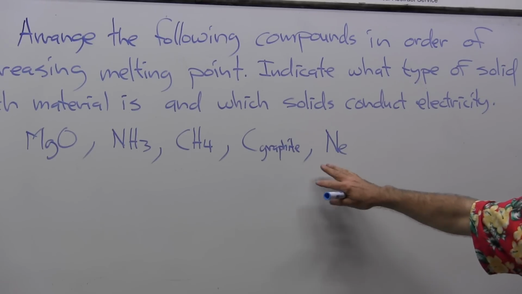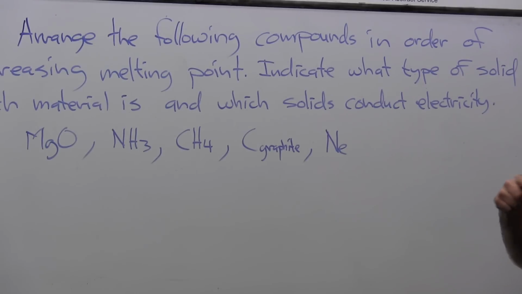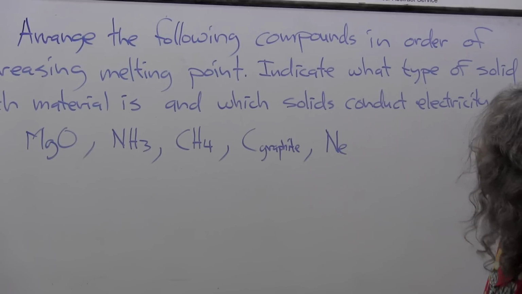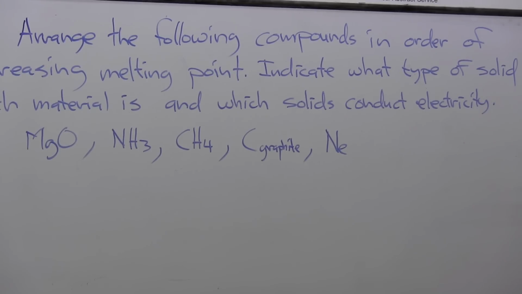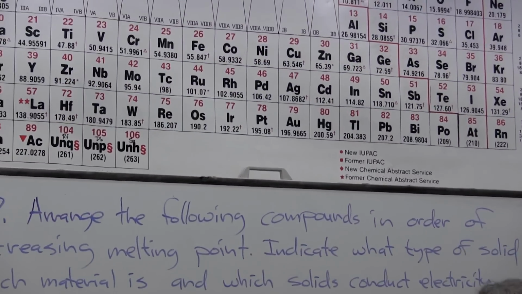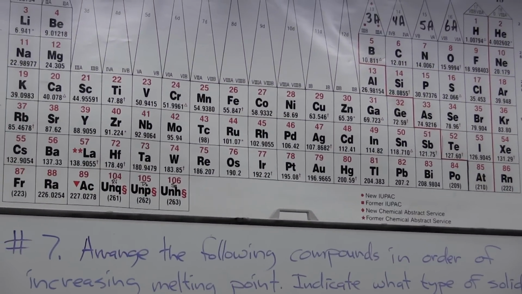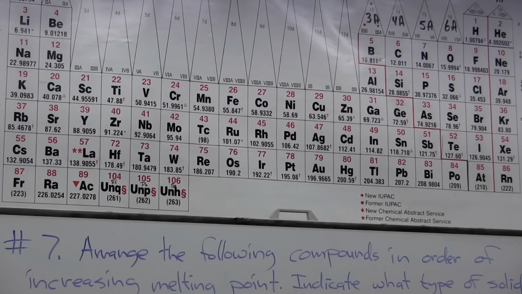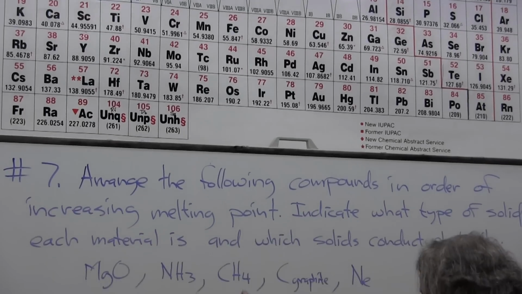Now let's compare the two in terms of mass. Neon has a mass of 20 grams per mole, and methane has a mass of only 16 grams per mole, which means I would expect the methane to be the lowest melting, and it's a molecular solid.